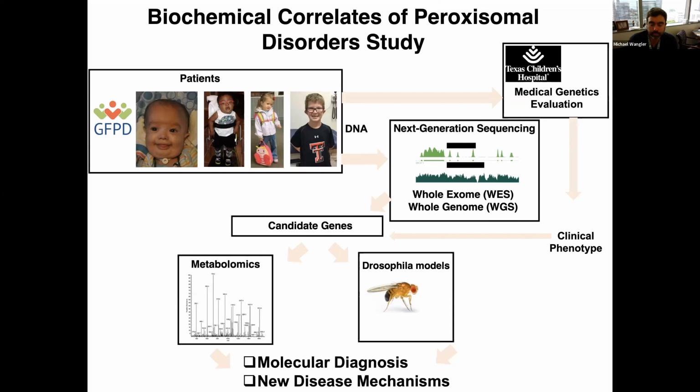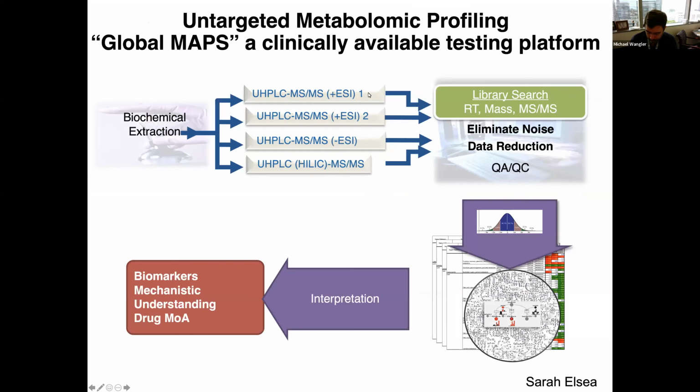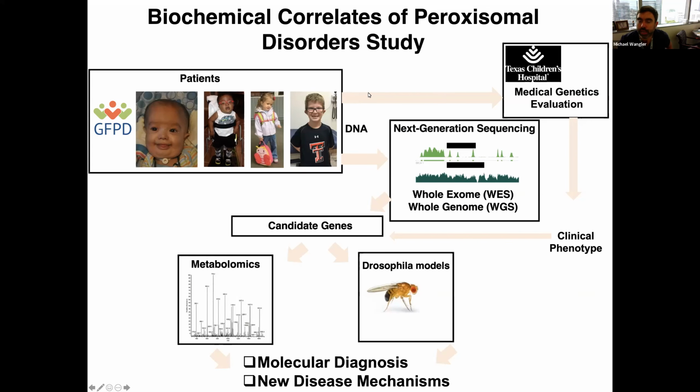In the peroxisomal biogenesis disorder study we've been running at Baylor, we've been recruiting patients, incorporating medical genetics evaluation, looking at specific sequence variants, and then using metabolomics and animal models to understand more about mechanism, and then perhaps to learn better ways to get at molecular diagnosis in the future.